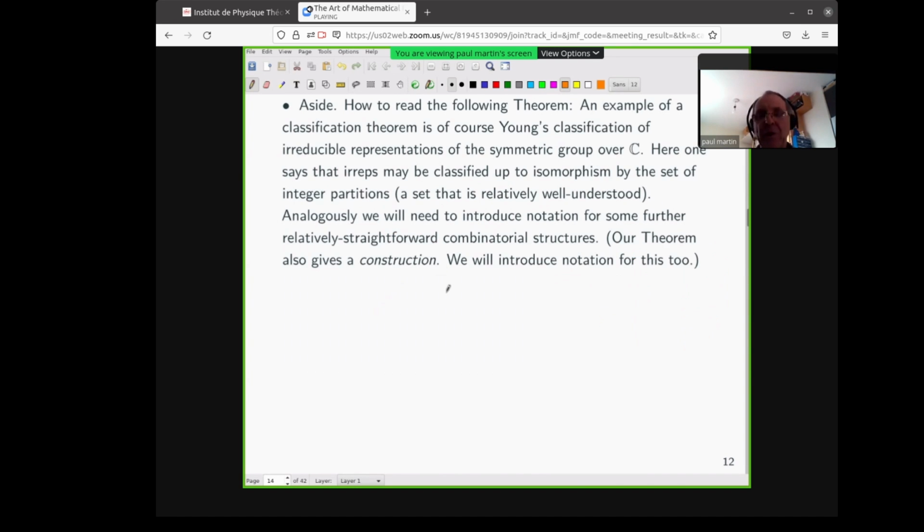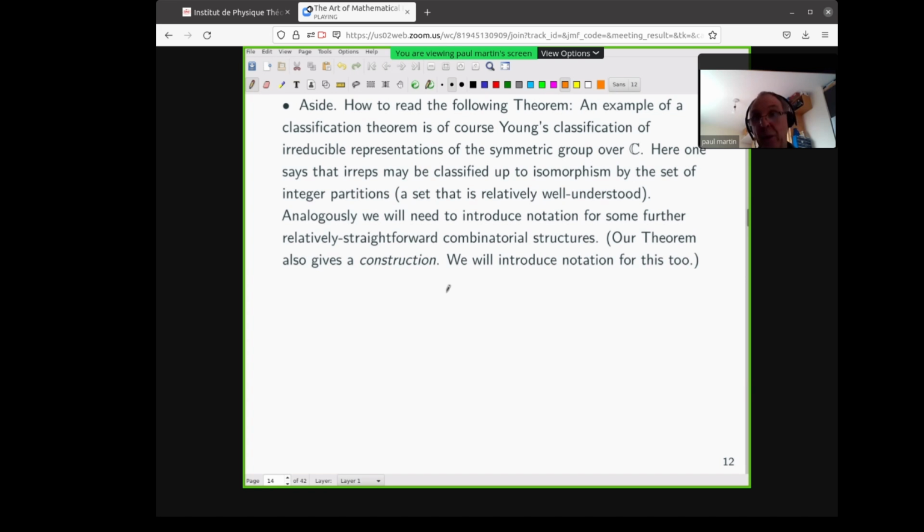Okay, so before I state the theorem, the classification theorem, let's have a quick warm-up about how to read it. An example of a classification theorem, one that you all know very well, is of course Young's classification of the irreducible representations of the symmetric group over the complex field. Here one says that irreducibles can be classified up to isomorphism by the set of integer partitions.